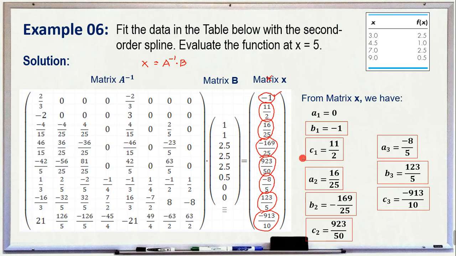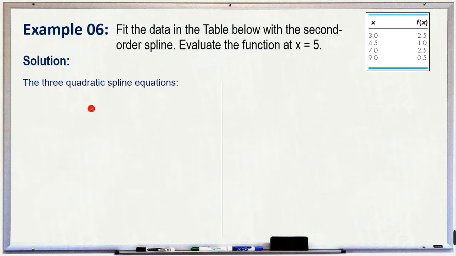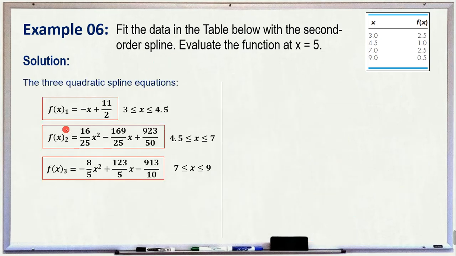The next step is to generate the three quadratic spline equations. So these are the three quadratic spline equations. So we have f of x1 is equal to negative x plus 11 over 2. And notice that the degree of our first spline equation is not in a second order or second degree.